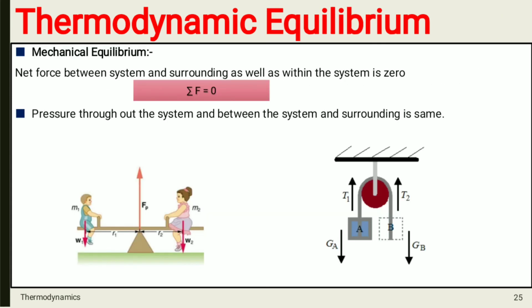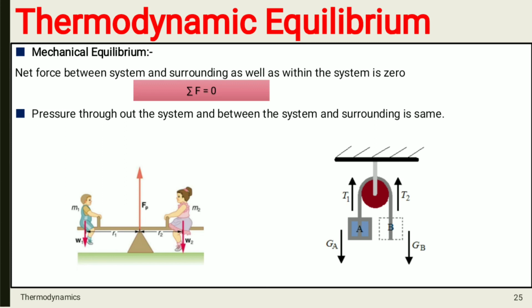Now we will study what is meant by thermodynamic equilibrium. The system is said to be in thermodynamic equilibrium when the conditions of equilibrium are satisfied simultaneously. That is, the system in thermodynamic equilibrium is in mechanical equilibrium, chemical equilibrium and thermal equilibrium.